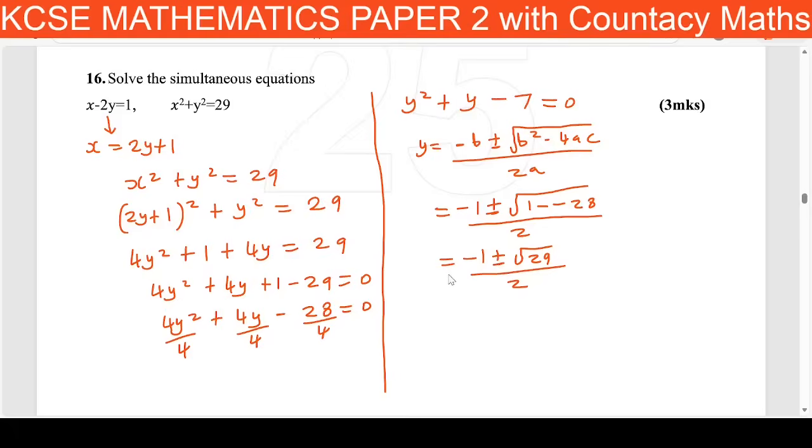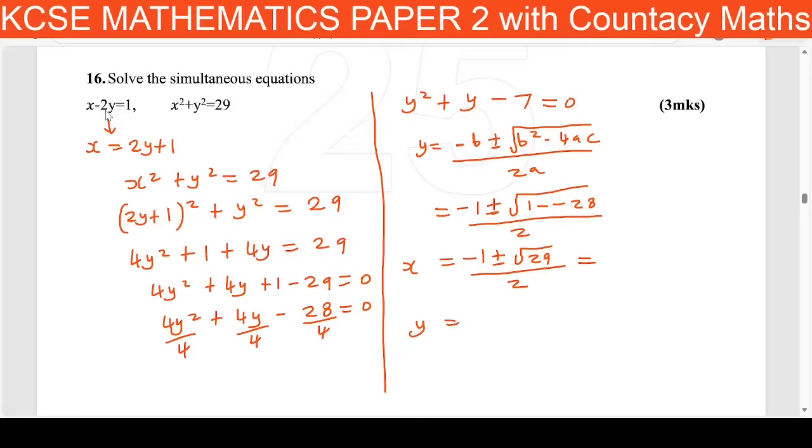So next what we do is that we simplify this. So you get to find the root of 29. So once we get the root of 29, then minus 1 over 2, this one should give you the value of x there. And finally here, the value of y. How are we going to get the value of y?